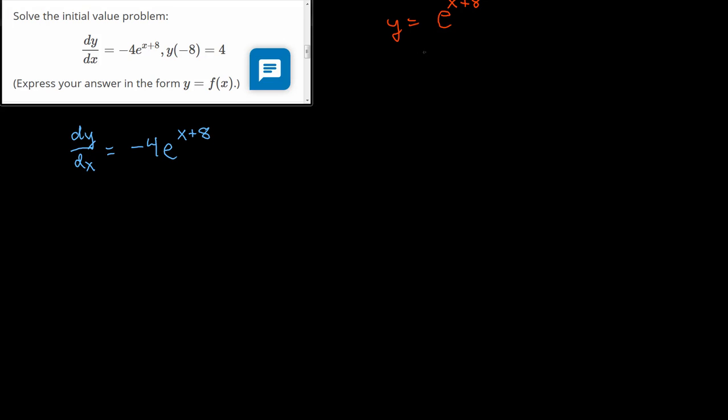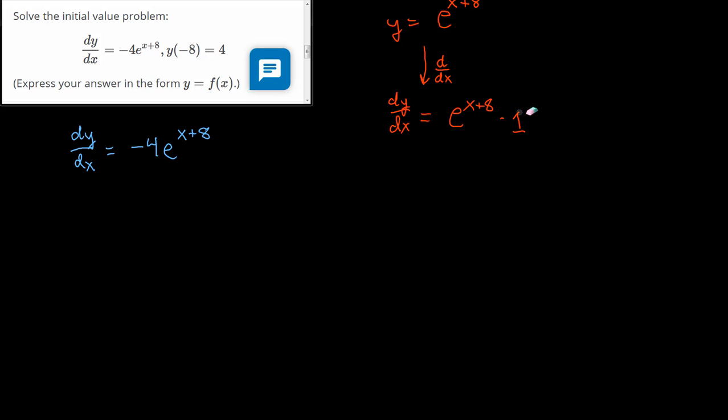Now let's check. You check by finding the derivative. So I get dy/dx is equal to, and I'll use the chain rule here. The derivative of e^(x+8) is e^(x+8), and then I have to multiply by the derivative of the inside, but fortunately the derivative of the inside is 1, so that's no big deal.